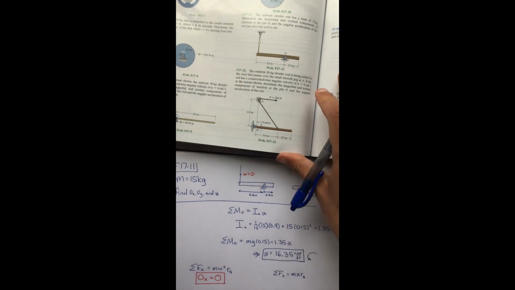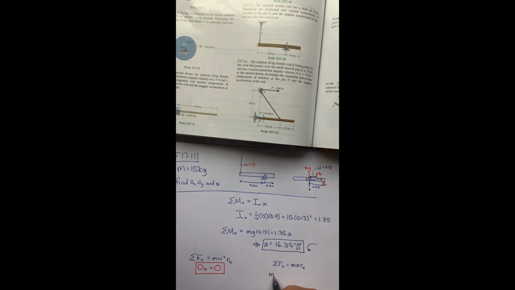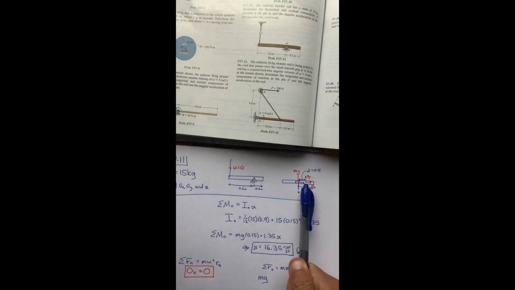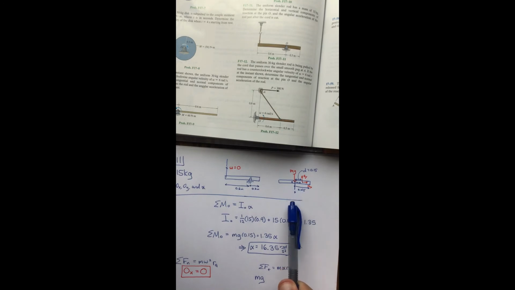Okay, and then my tangential component. If I look at my diagram here, the point G is going to start moving this way. So this is the tangential direction, and m times g is pointing in the positive tangential direction. So when I sum up the forces there, I have m times g. And then for the tangential component of this force here, tangential is downwards, and the y component we said was pointing upwards.